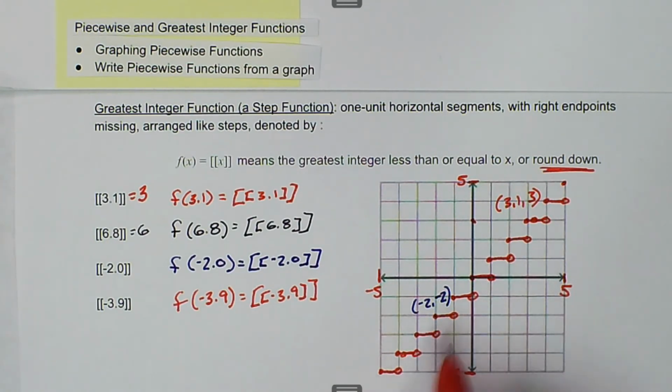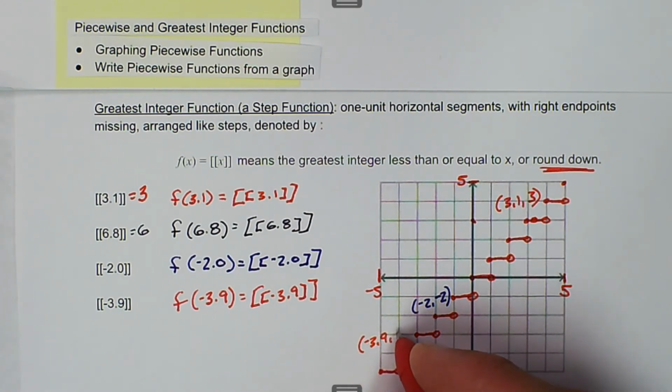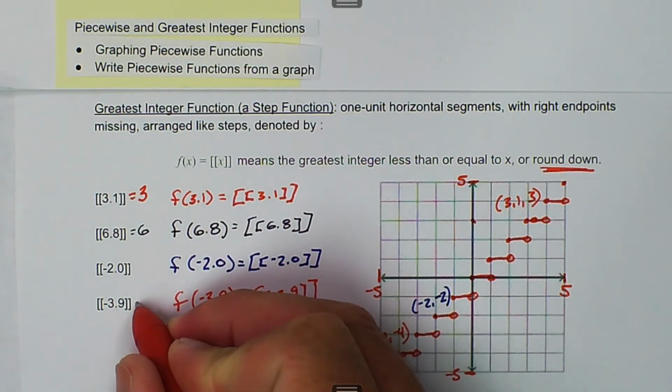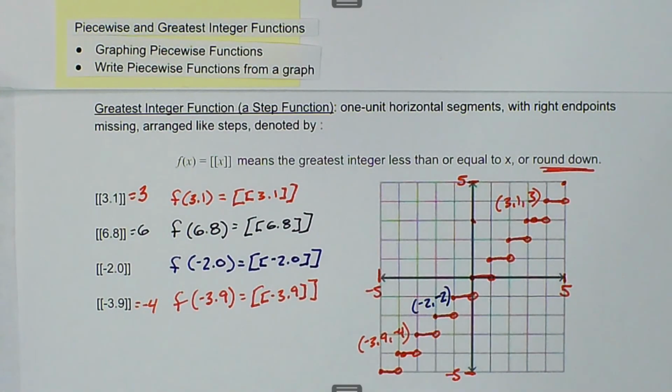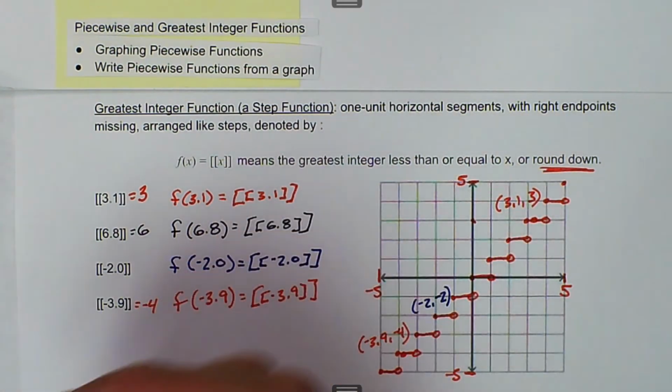So there is negative 3.9. So our ordered pair for this one is going to be negative 3.9, comma negative 4. So for this one, our value is going to be negative 4. And I forgot to write this one down, but this one should be 2.